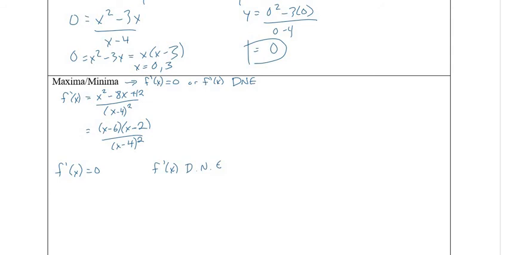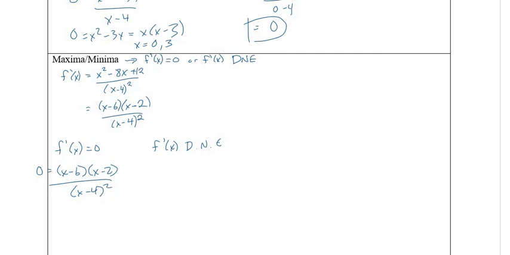So for f prime of x equals 0, we're going to set the derivative equals 0 equals x minus 6, x minus 2 over x minus 4 squared. So in this case, the denominator is going to multiply up. That goes away. And we're left with x equals 6 or x equals 2 as possible critical points.